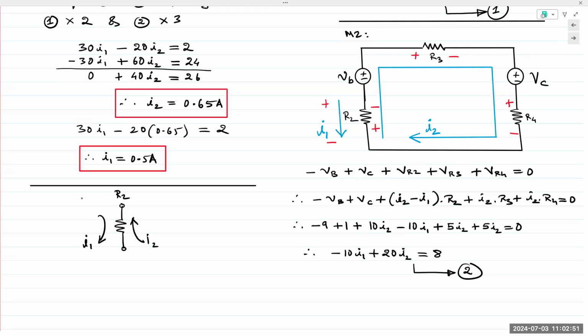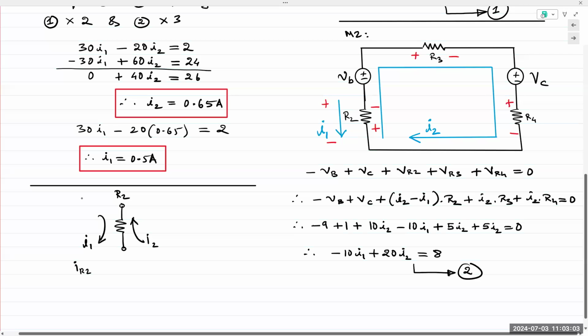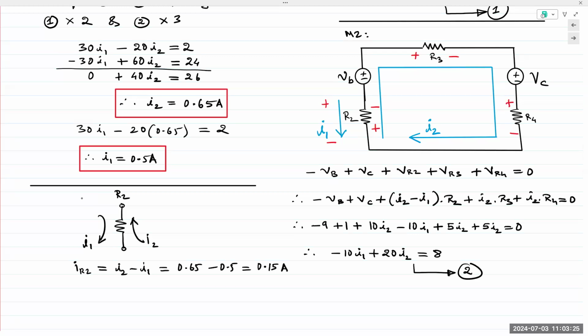Absolutely. Whichever has the higher value is the dominant current. I1 is 0.5, I2 is 0.65. So IR2 would be I2 minus I1, which is 0.65 minus 0.5, and that's 0.15.